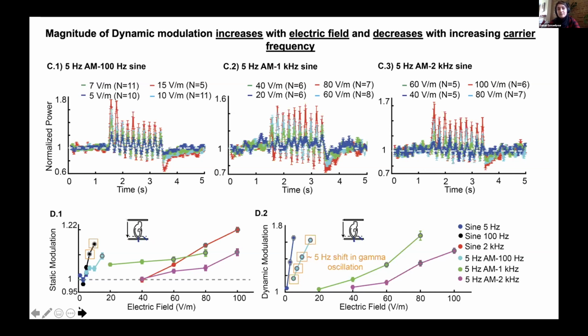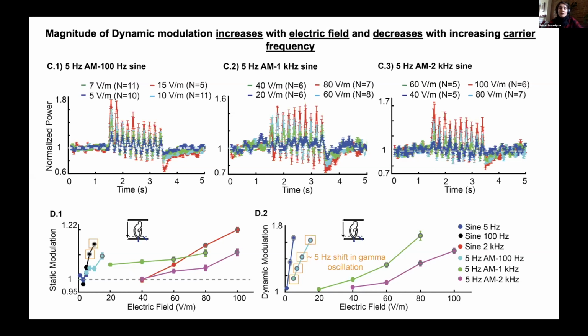But as we see here in all of these waveforms, the gamma power doesn't go back to the baseline, it suppresses, and we see the same thing when the stimulation is terminated. This calls for some homeostatic adaptation mechanisms that we are going to talk about later.